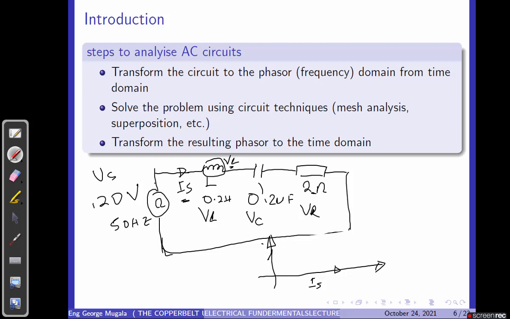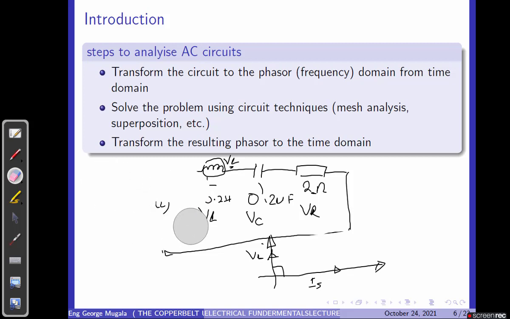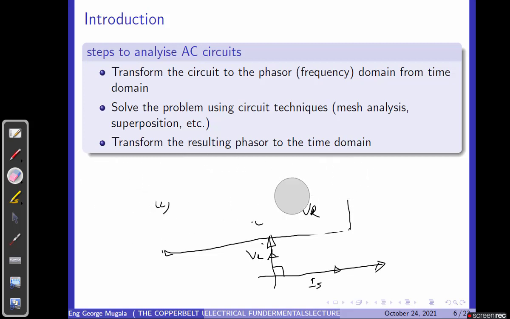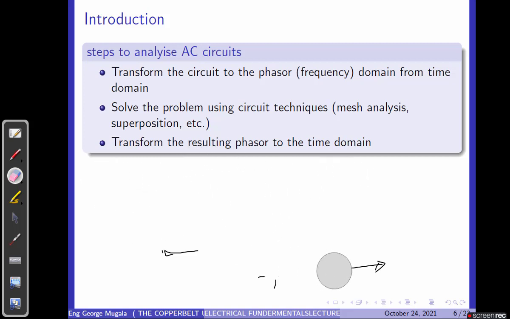So we're going to put the voltage vector for the inductor, VL, here, because the difference is exactly 90 degrees. So VL will be in this orientation. Now guys, the reason why I'm explaining all of this, let me just march on, then I'll come to the steps that we need to analyze the circuit in sinusoidal form.